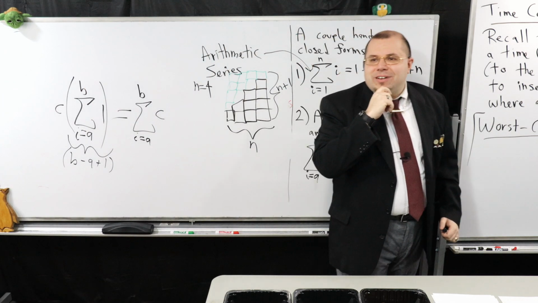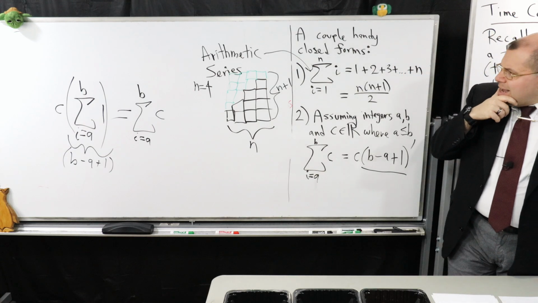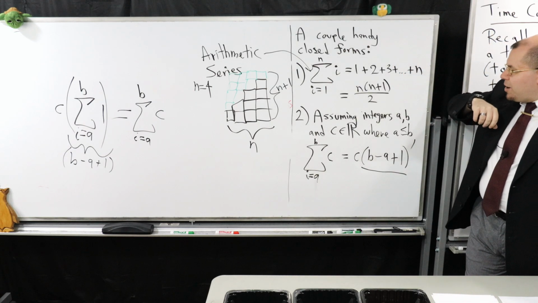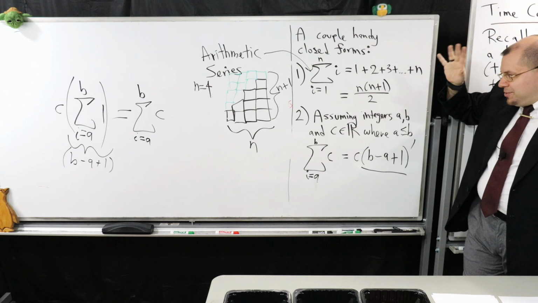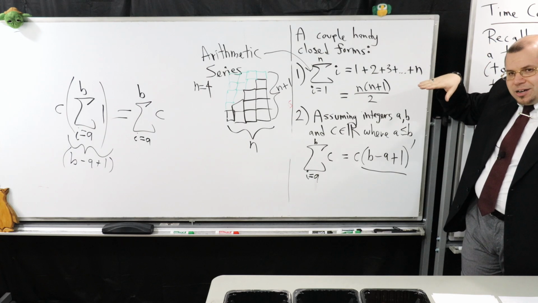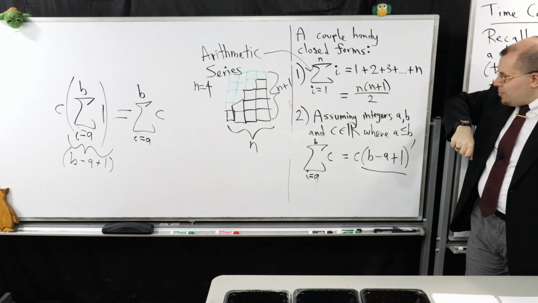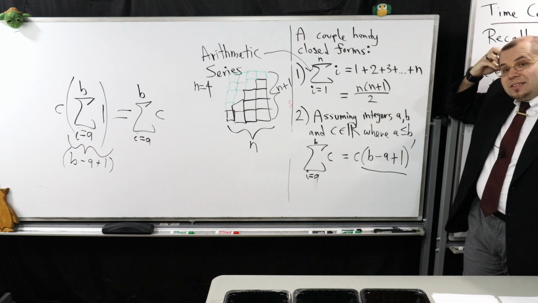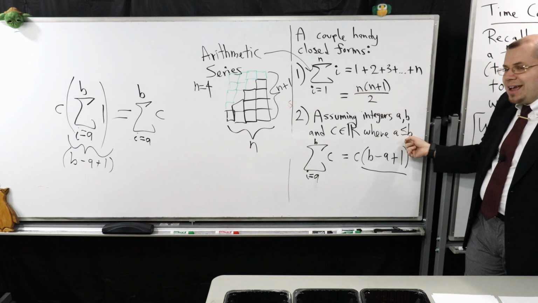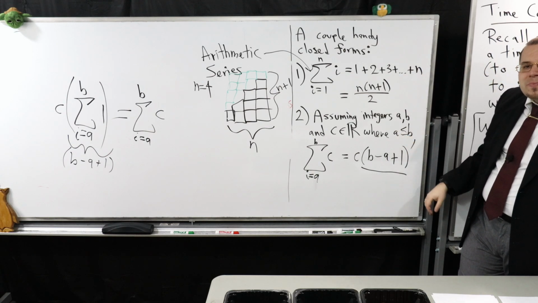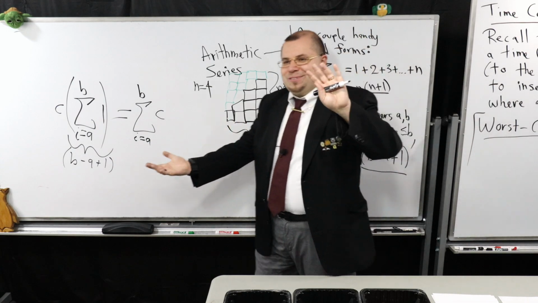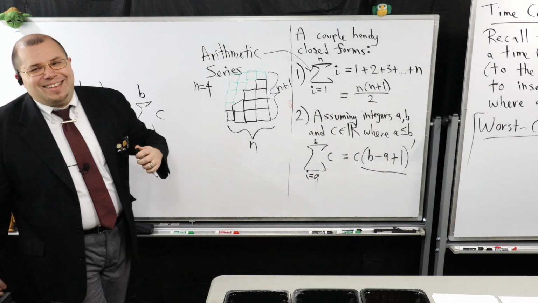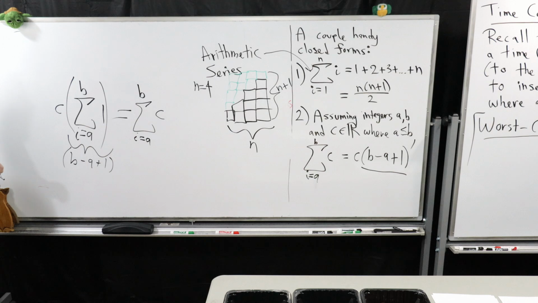Okay, so we're not restricting a and b to non-negative integers, so I should be kind of wary. Most of the time when we do this, we're going to be dealing with non-negative integers, but if my memory serves me correctly, this will work fine if we have negative integers as well. The point is that it has to be that a is less than or equal to b. Otherwise, we're going to end up with something all backwards, and that's not going to make much sense for us.